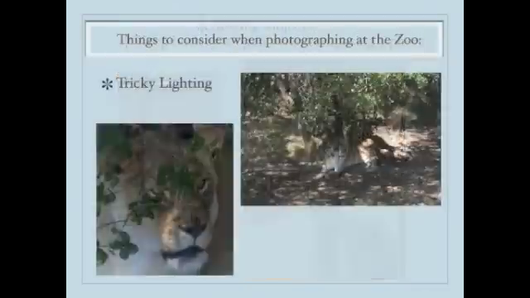Now, another thing we have to consider is at the zoo, there was a lot of tricky lighting. And this is what I mean. Like, for example, in this photo with the lioness, she's underneath the tree. And on the right, you can see I've got all kinds of light going on. She's kind of, part of her's in shadow, part of her is in sun.